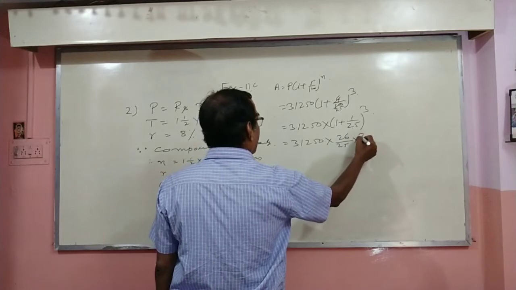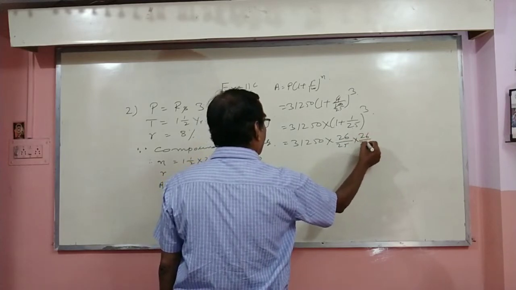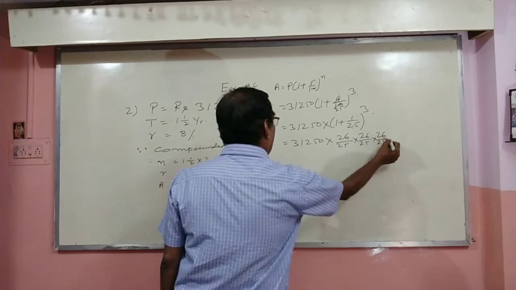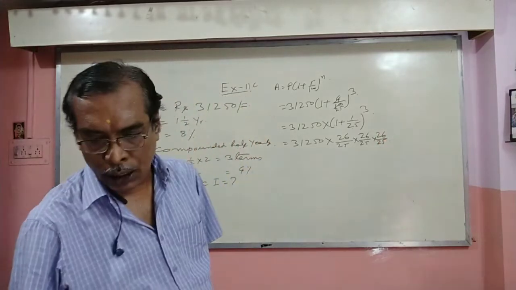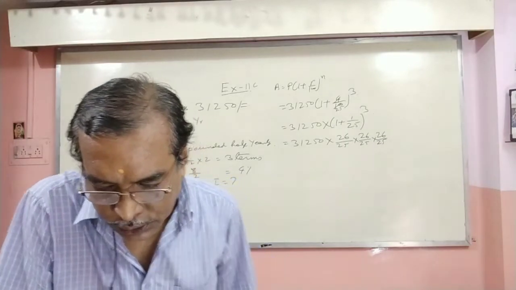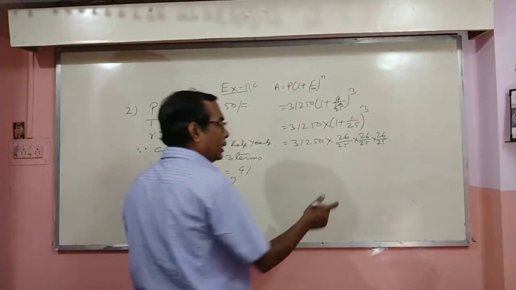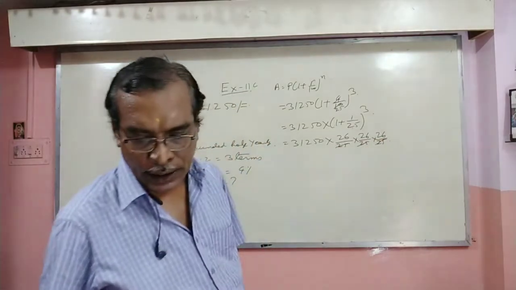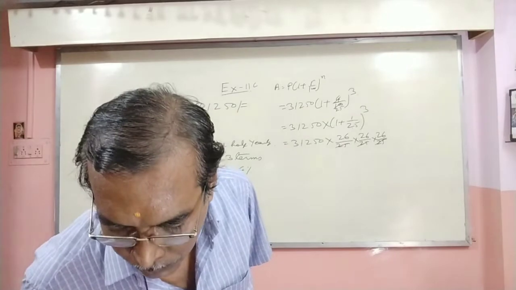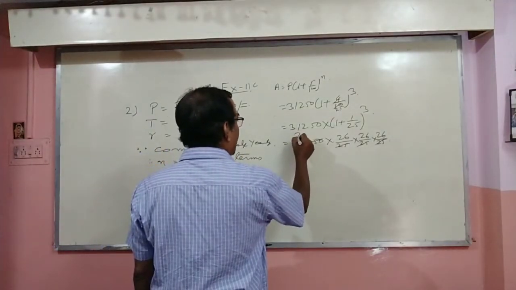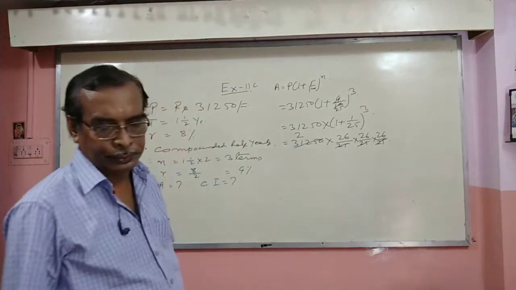And it is 3 times. So write here 3 times. Now what you will find here, this 25, if you are going to cancel with 31250, finally it will come, you can check it, it is coming as 2.